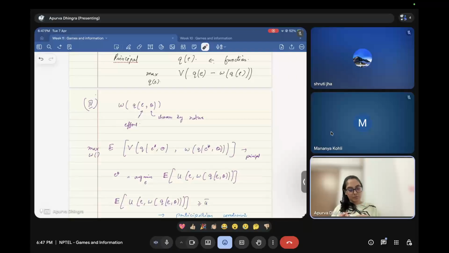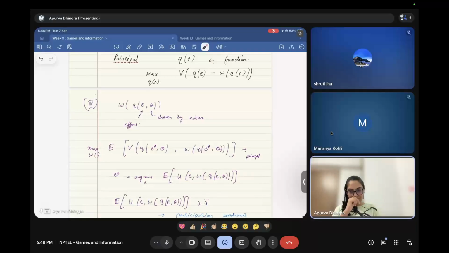Does the agent know the actual realized value of this theta? Did nature play first and give its realizations, and then the agent played, and then the principal played? All of that ordering becomes important, and that will come up in the next part. So this is the next scenario, where the wage depends on the efforts and a kind of luck factor.